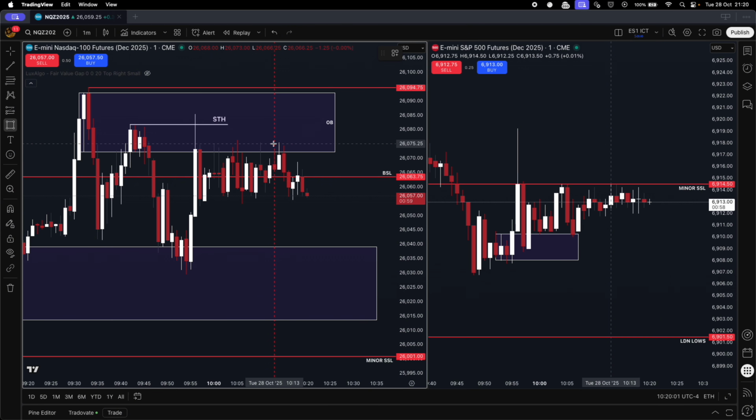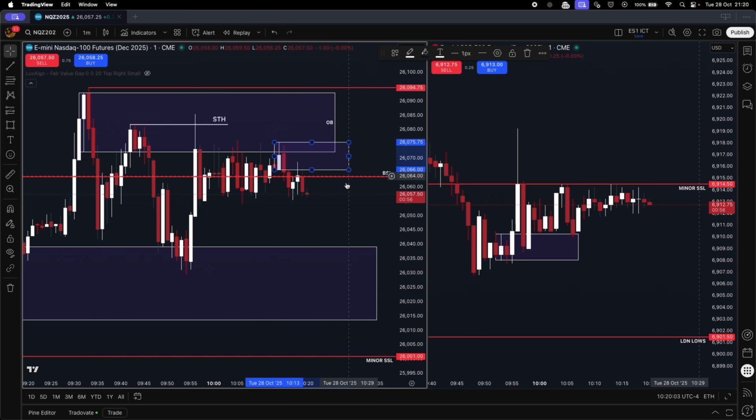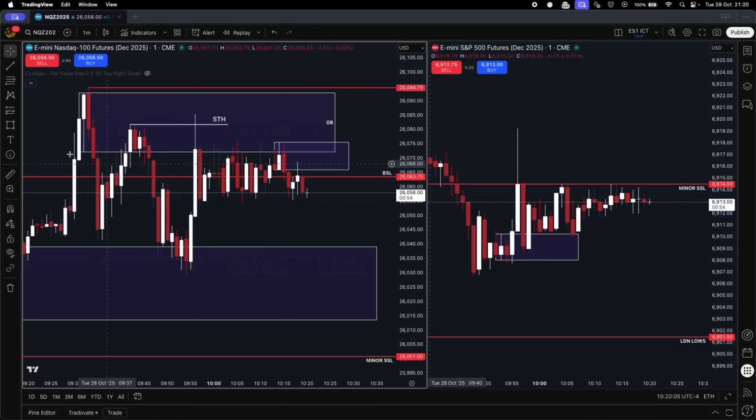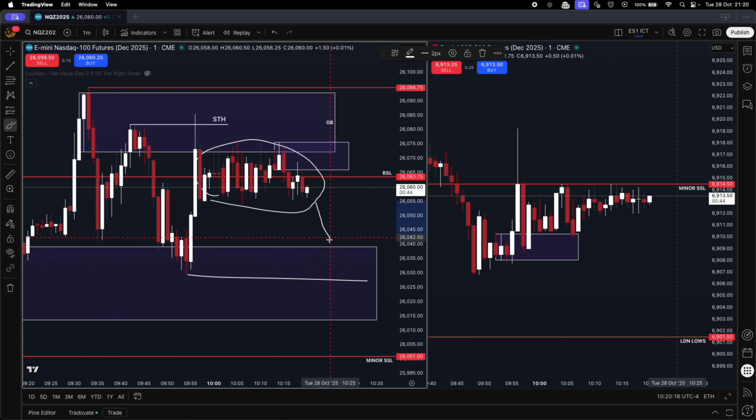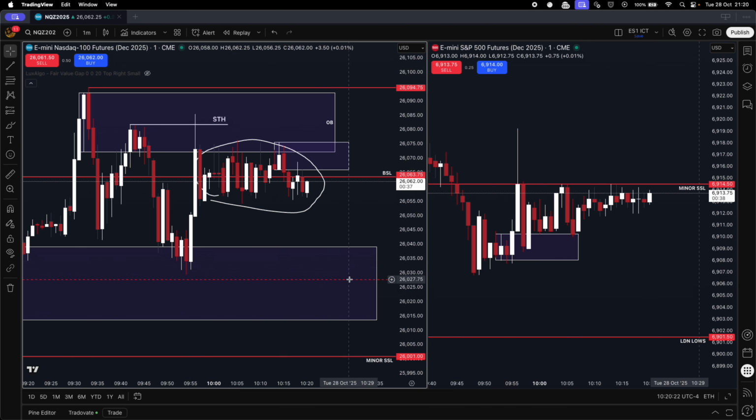Yes, it's leaning slightly more bearish than bullish, but we don't care. We're just looking at this as accumulation. We're not here to predict. We're here to anticipate this low getting taken. I want to see a point of manipulation. I'm not saying that price won't go higher.